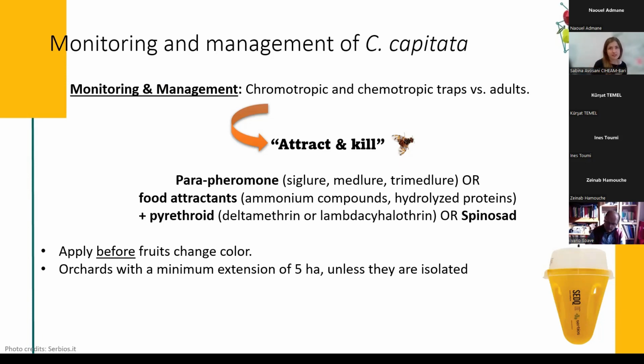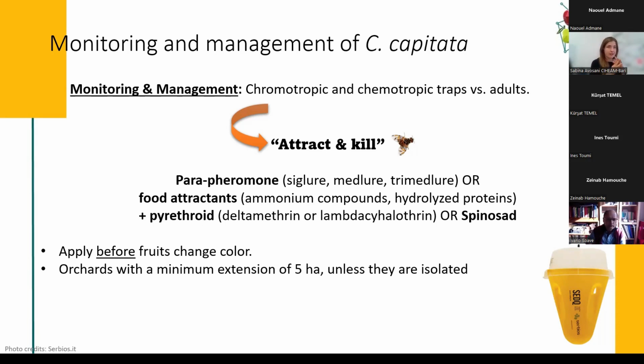And then obviously there is something that kills the insect, so either a pyrethroid or spinosad. It's very important to apply the traps before the fruits change color, or in any case, before the ripening is finished.